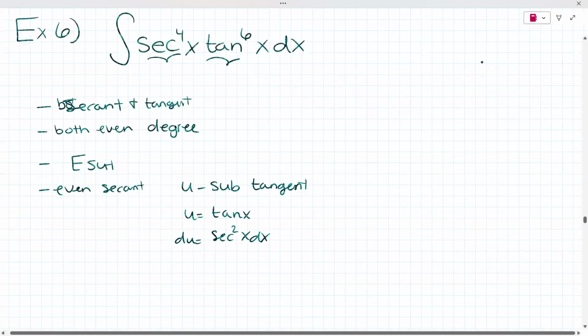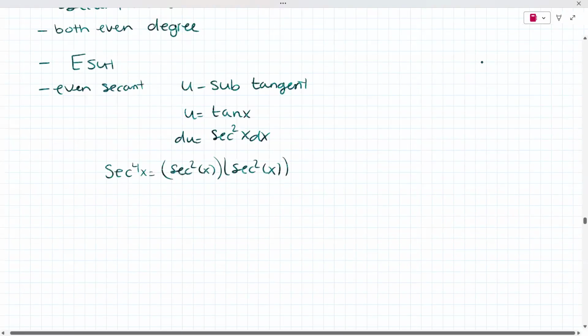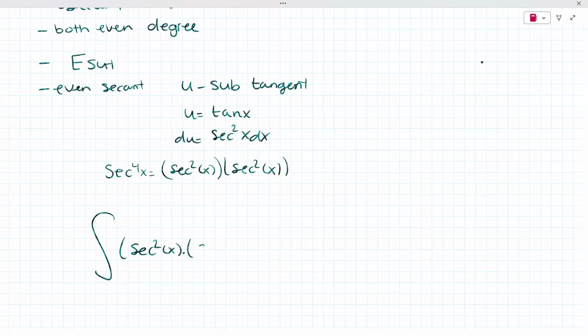So we're going to rewrite secant fourth of x as secant square of x times secant square of x. And then you're going to replace u with tan of x.